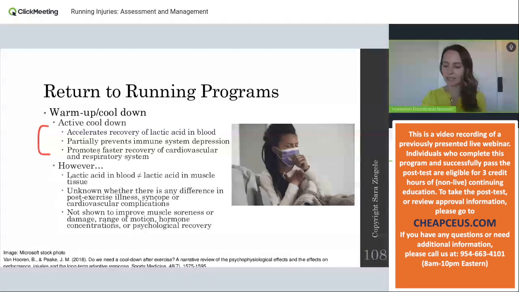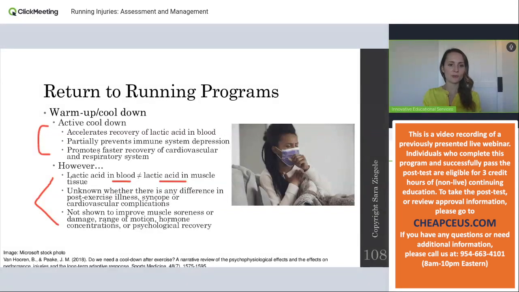However, that's where we look at laboratory science meeting practical application, because what they do know is that lactic acid in the blood actually doesn't equal the lactic acid in the muscle tissue. There also is no evidence at this point on whether there's any known difference in post-exercise illness, syncope, or cardiovascular systems following a cool down.